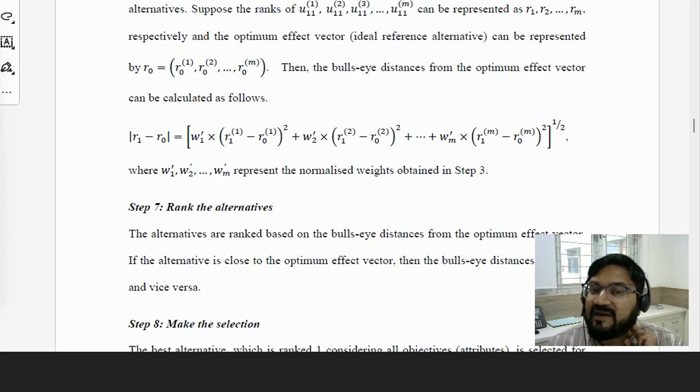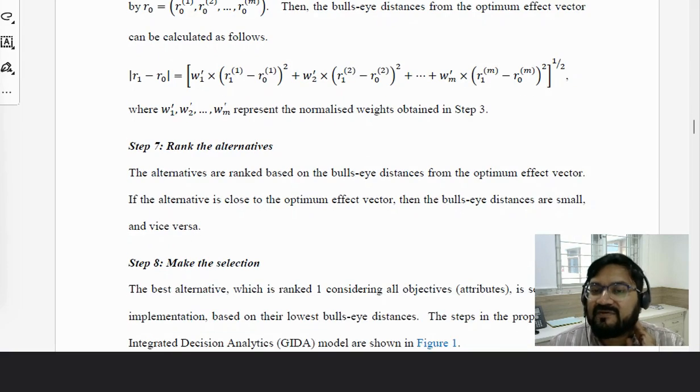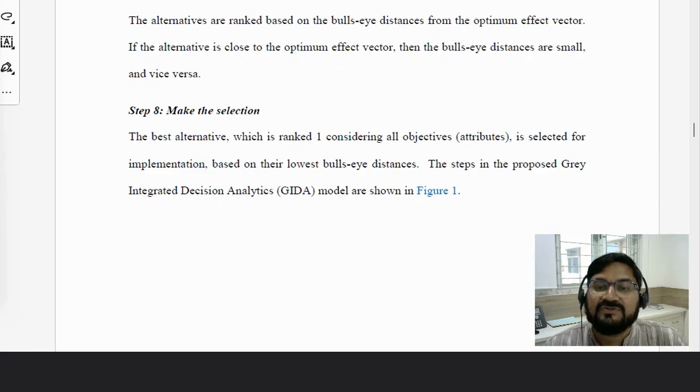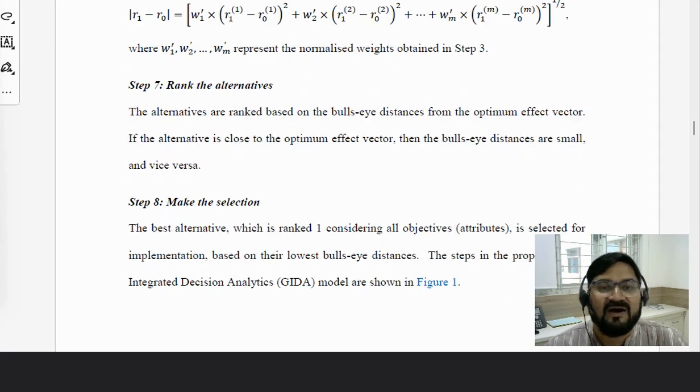This is how we measure the distances from the optimal effect vector, and based on that we can rank the alternatives. If the alternative is close to the optimal effect vector, then the bullseye distance is small. So if the modulus of R1 minus R0 is small, we can say that this is the best alternative. You can arrange the alternatives in order, and finally take the alternative which has the least value of the modulus of R1 minus R0.